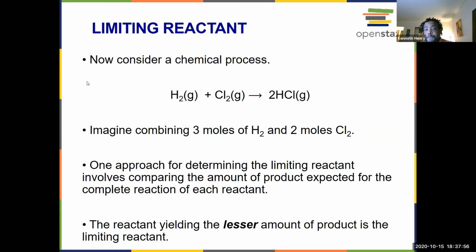So if we have 3 moles of H2 and 2 moles of Cl2, which one is going to be limiting? Now the ratio is 1 to 1. Chlorine. Chlorine is going to be limiting. Who's going to be in excess? Hydrogen. Do you see it?